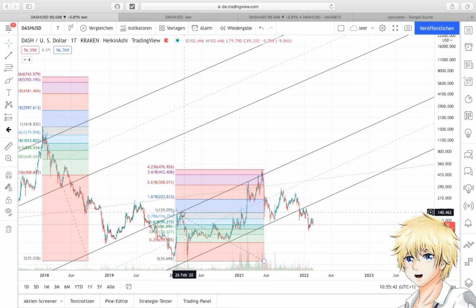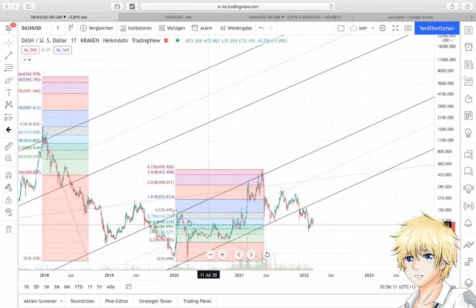So the 1 is here at the top, and we can see this whole move again went to a major Fibonacci level, the 4.236. And this is aligning quite nicely with this fib level from the big view here. So again, this is a nice confluence, which makes me believe, hey, Dash is quite respecting Fibonacci levels.